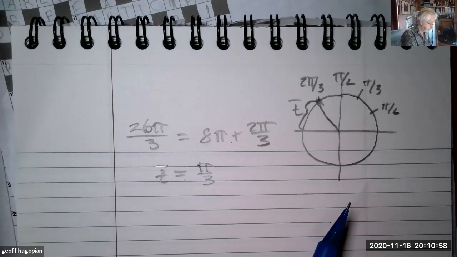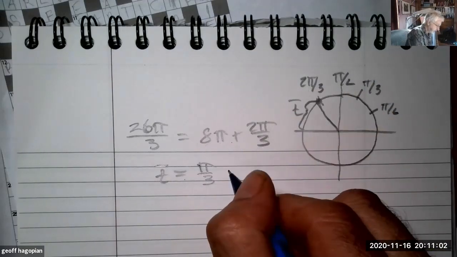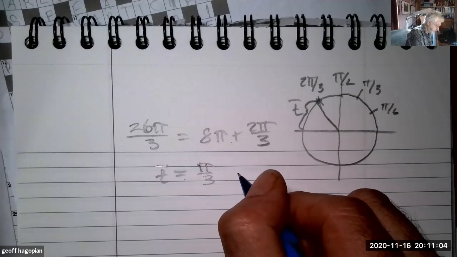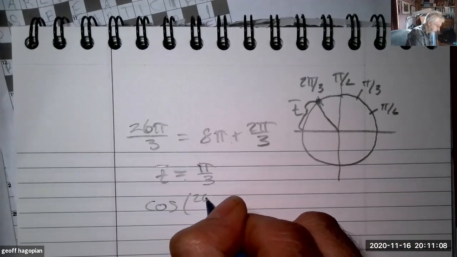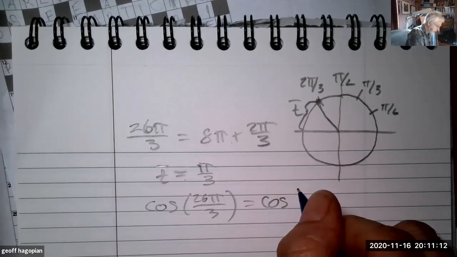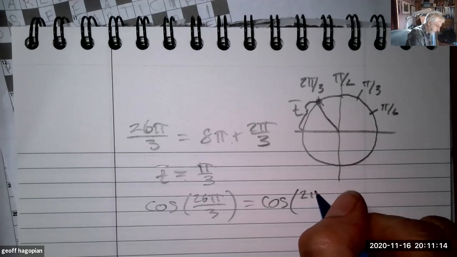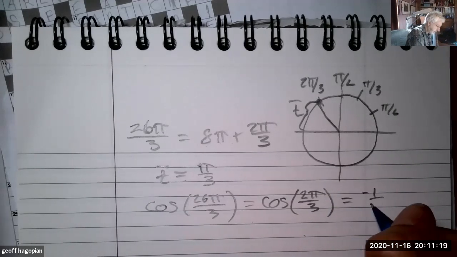What are the coordinates for that terminal point? Well, this should be a familiar place. The cosine of 26 pi over 3 is going to be the same as the cosine of the coterminal 2 pi over 3, which is negative 1/2.